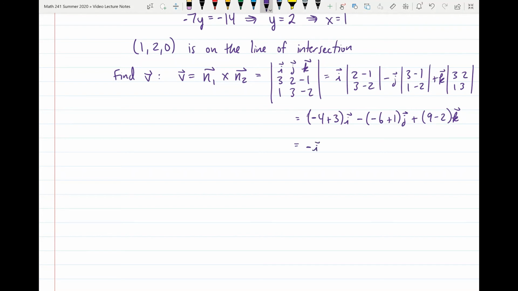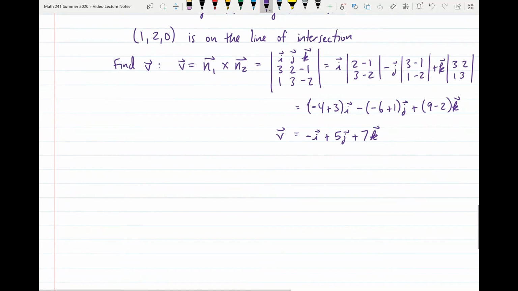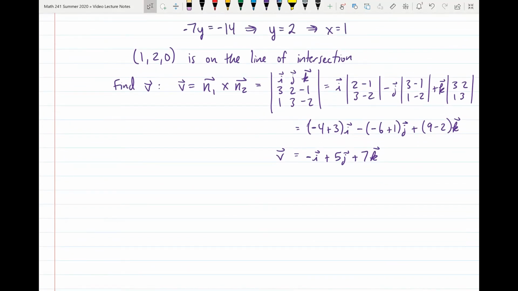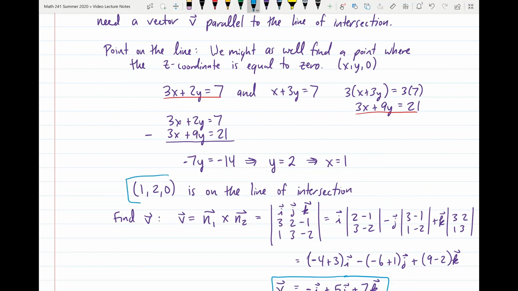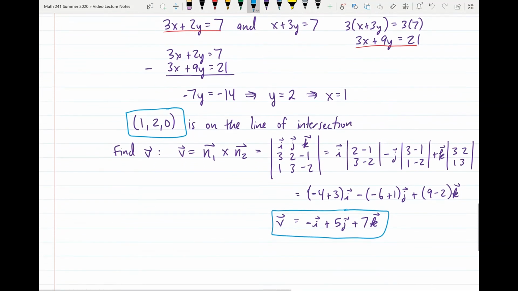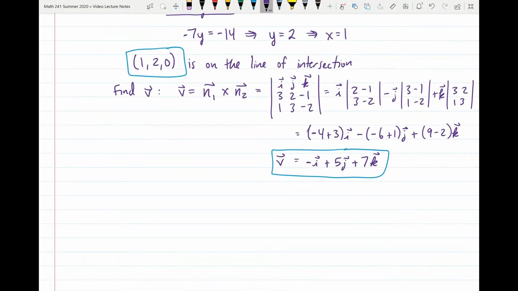We get negative i plus 5j plus 7k. So v, or the vector that is parallel with the line L, is going to be minus i plus 5j plus 7k. And now we have both pieces of information that we need. We have a vector parallel with our line, and we also have a point on our line, and from here we can just write down parametric equations.